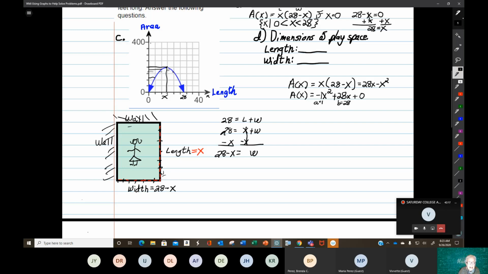And since the maximum area occurs at the vertex, we can find out what the X value is when the area is at its maximum by using the formula H equals negative B over 2A.